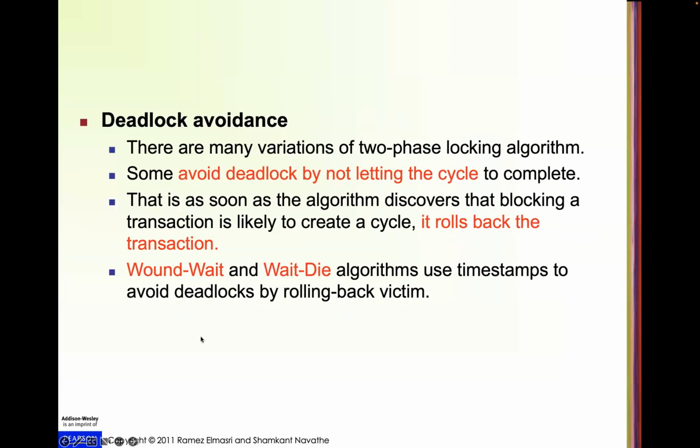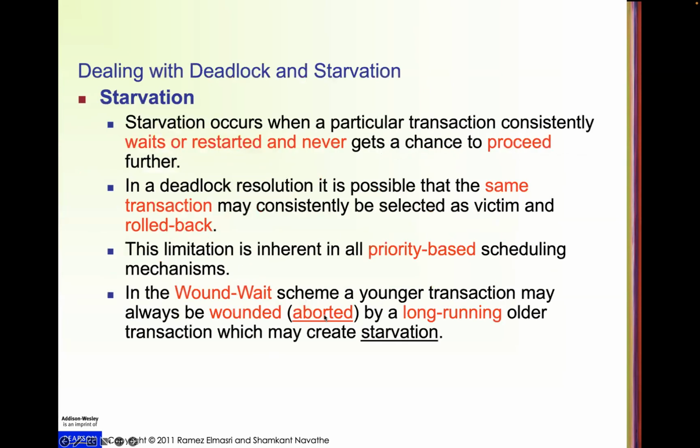What do we mean by this? We have transaction T1 waiting for T2, T2 waiting for T1. So we apply either wound-wait or wait-die algorithm, and one of them is rolled back. Now let us see what they are later.